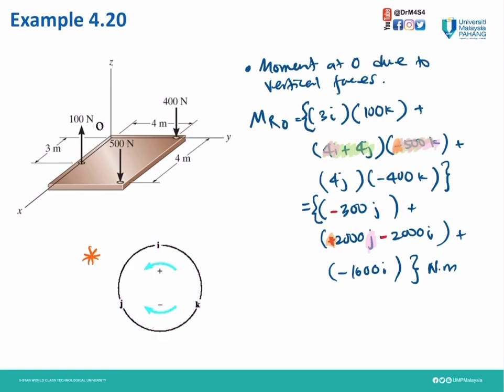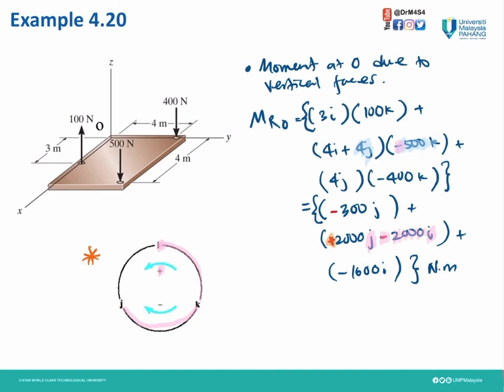Next, let's check for 4J times negative 500K. So J times K, direction positive, we get I. So I, we have positive. However, here is negative, so resulted in negative 2000I.